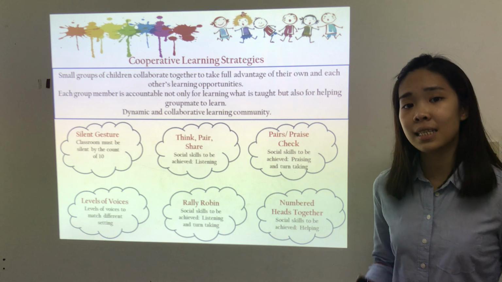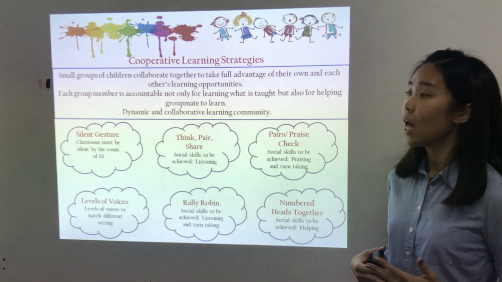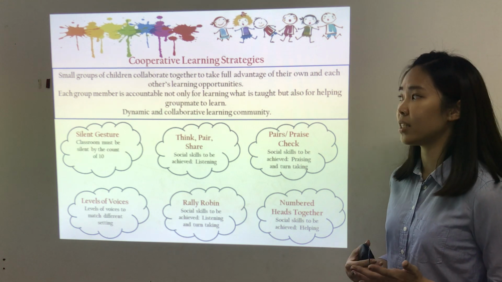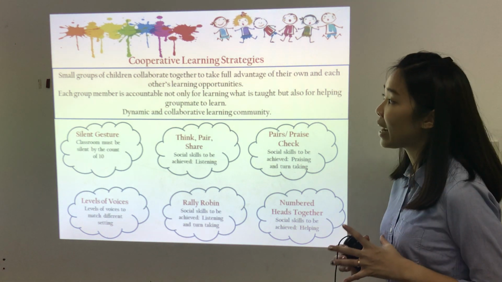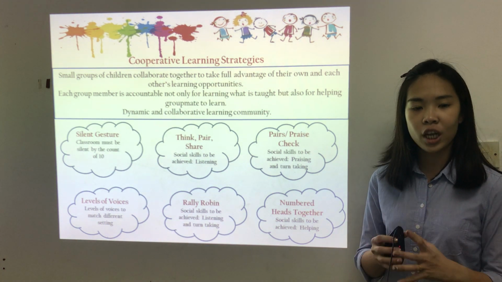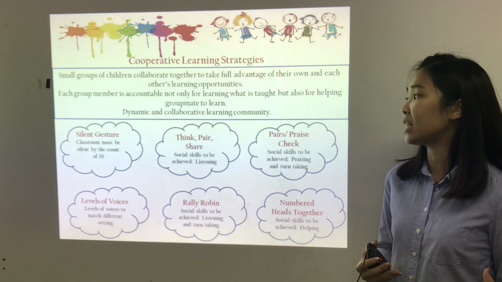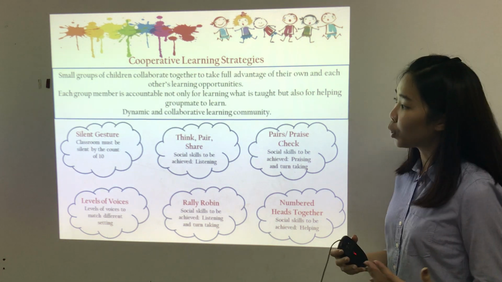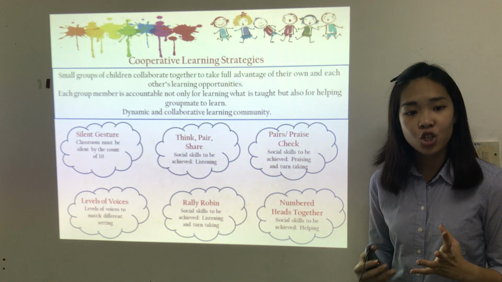Now this is another selection of learning experiences that have been selected by the Leader Club. Cooperative learning strategies. It actually involves a small group of children that collaborate together to take full advantage of their own and each other's learning opportunities. It is a dynamic and collaborative learning community. So here are some of the examples of the cooperative learning strategies.